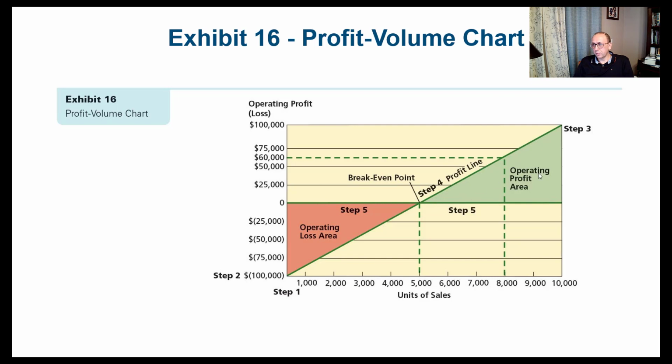And anything on the right would be an operating profit. Anything on the left would be an operating loss. So if we make any sales on top of the 5,000, that would be the operating profit area. Anything below 5,000 would be the operating loss area. So for example, if we say that we want to make 8,000 units of sales, then that would lead to $60,000 of profit.